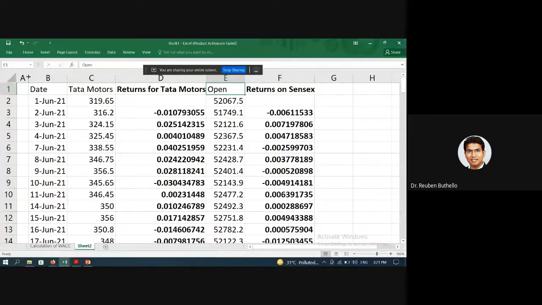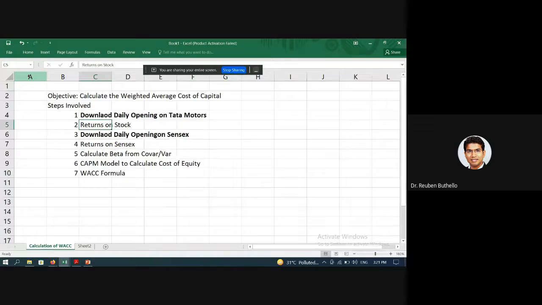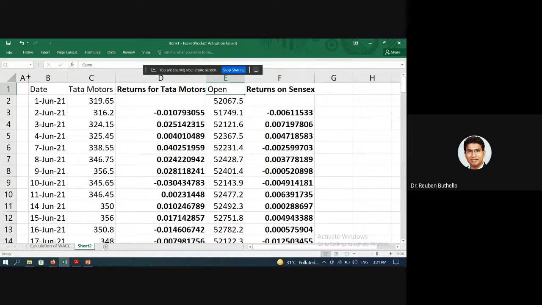Okay. Now if you look at this, we finished point number 3, point number 4. And now we'll calculate the beta formula. We all know the beta formula. We had studied it a few days back. And the beta formula is what? Can someone tell me? Beta is equal to covar.